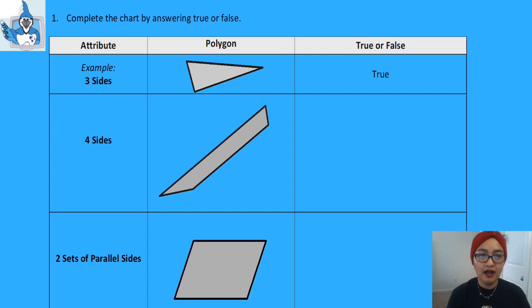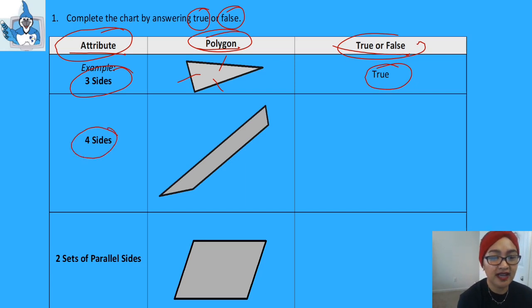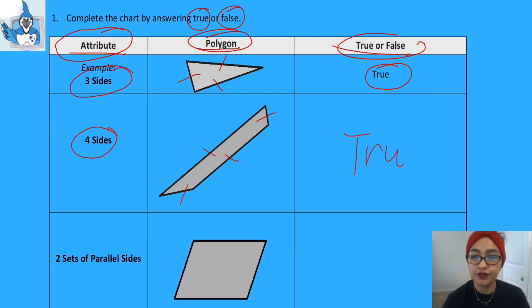It says, this is the attribute or the characteristic, this is the polygon, and this is when we say true or false. Okay, so the first one has been done for us. It says 3 sides. Are there 3 sides? True. That's why the answer is true. Pretty easy. Okay, let's proceed to the second one. It says 4 sides. Let's count the sides. 1, 2, 3, and 4. So that is, of course, true.